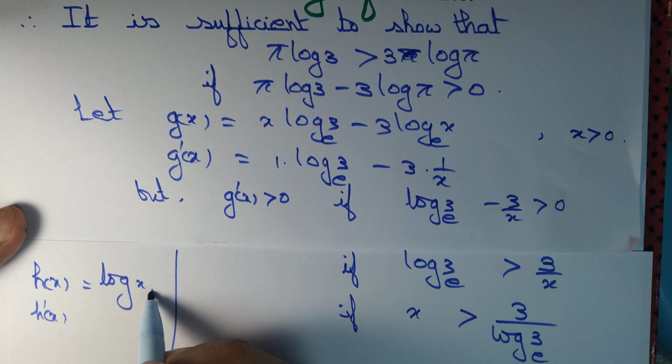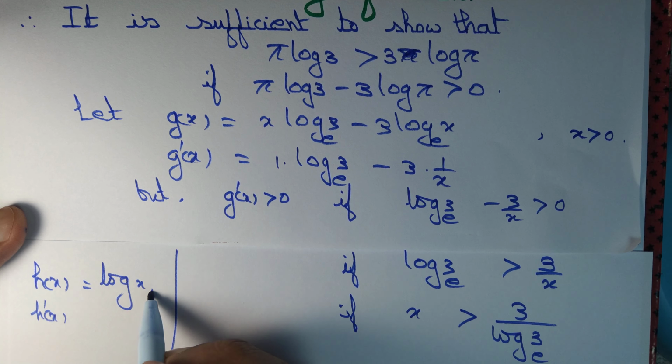We know g is monotonically increasing if x is greater than 3 by log of 3, and this quantity is less than 3. So we can definitely say that g is strictly monotonically increasing for x greater than or equal to 3.